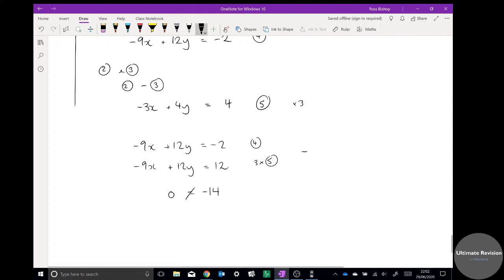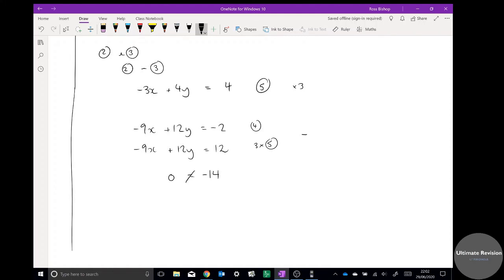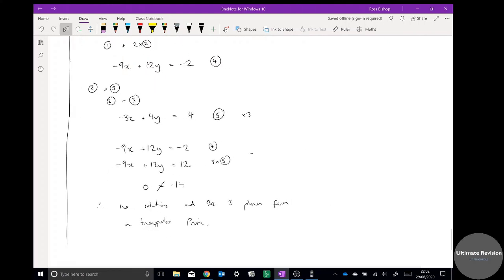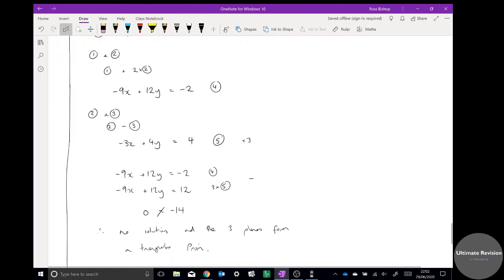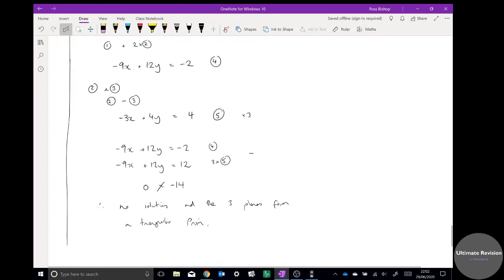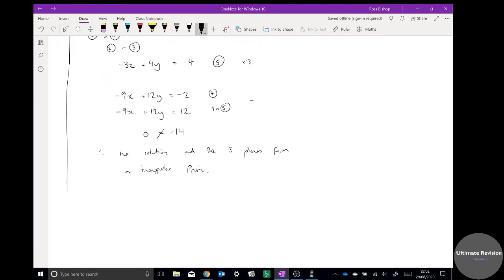Well, that's clearly not true. And if that's not true, then therefore no solutions and the 3 planes form a triangular prism. Okay, so basically you have to solve it a little bit old school. If the determinant is 0, you have to eliminate one unknown using both equations in a different way.